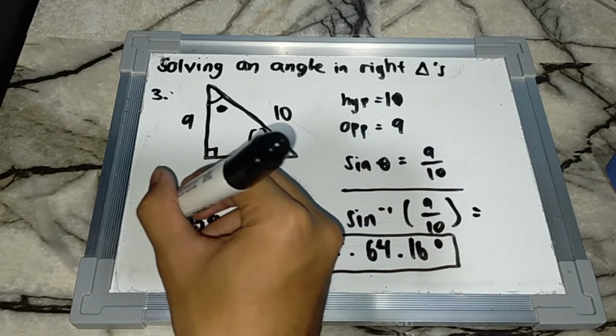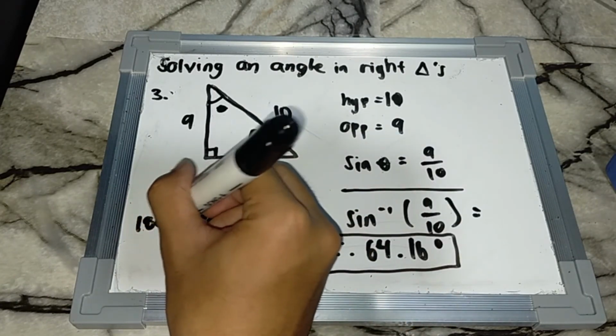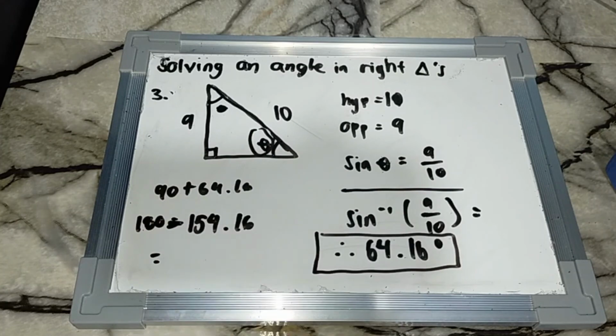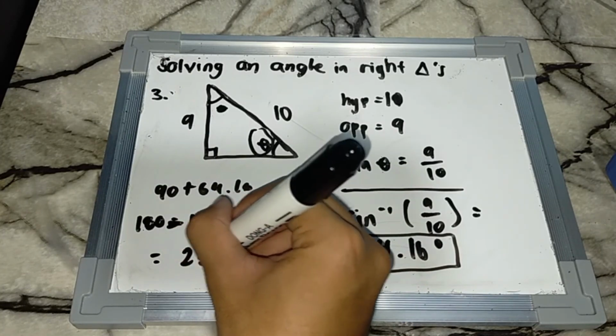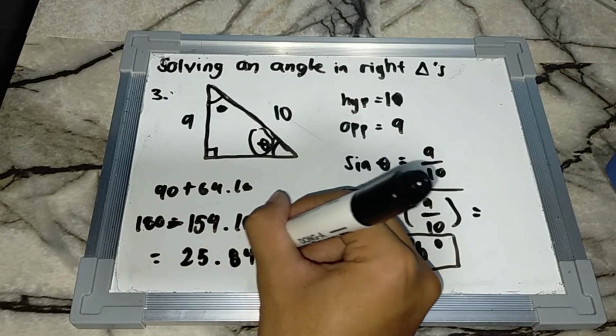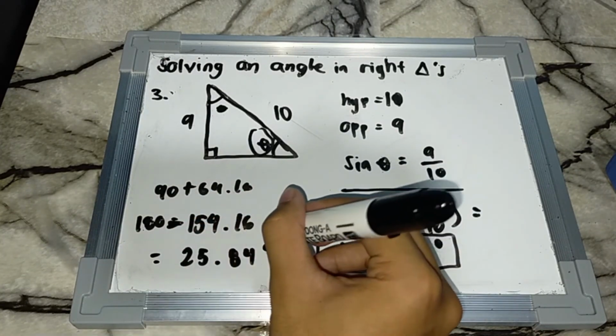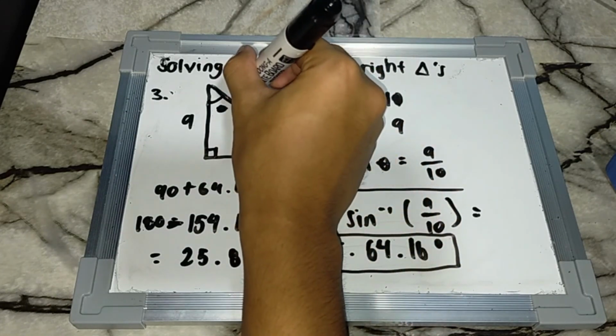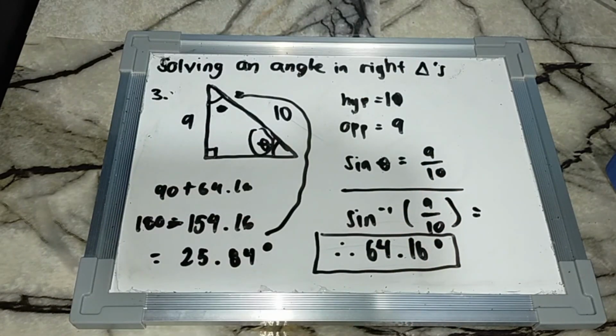Then subtract that from 180, and the answer is 25.84 degrees. Therefore, this is the value of this angle.